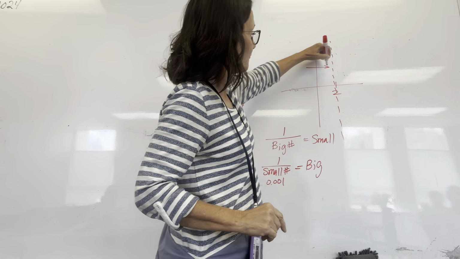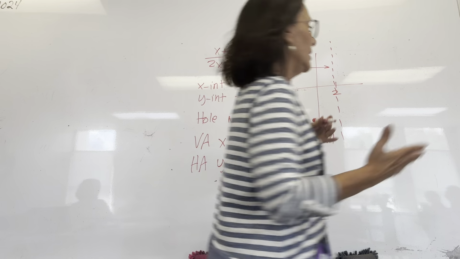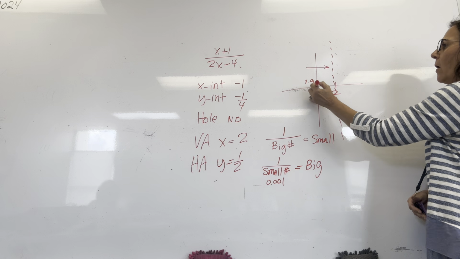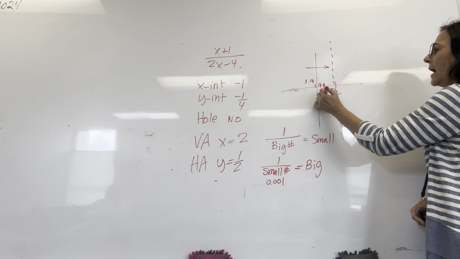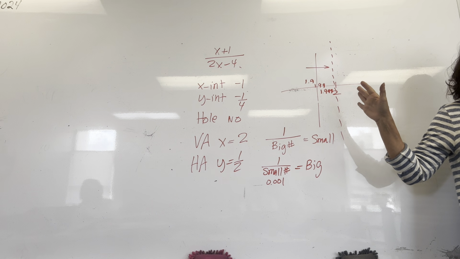As we approach from the left, we get ever so close to 2. I'm talking about 1.9, 1.99, 1.999. So close. What happens to y?